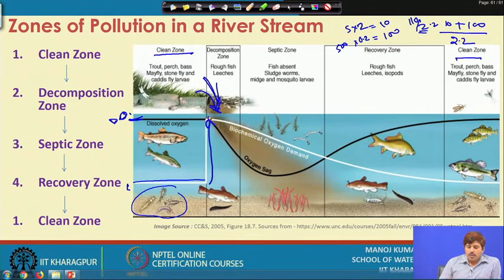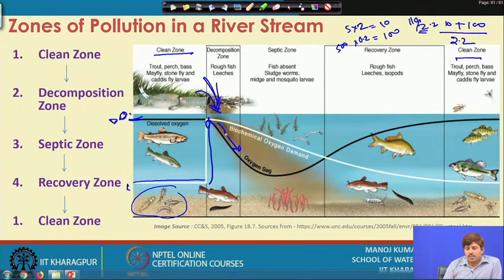At this particular point the BOD is very high and the dissolved oxygen is adequate, so the microorganisms start degrading or decomposing the organic matter present in the water. You will see that the decay of BOD starts, because of primarily the biodegradation process.